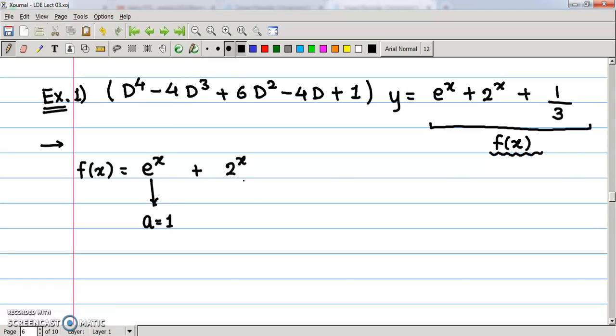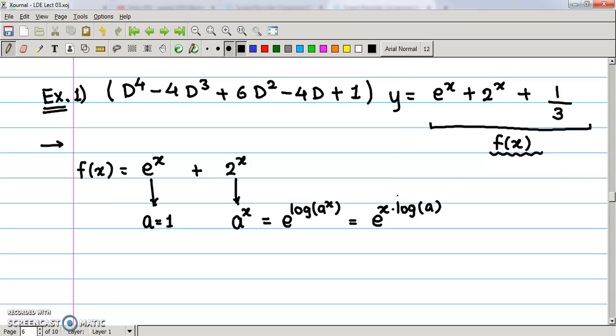Next is 2^x. We can rewrite this function as an exponential function by applying one standard result. a^x can be written as e^(log a)^x, then we can rewrite it as e^(x log a).